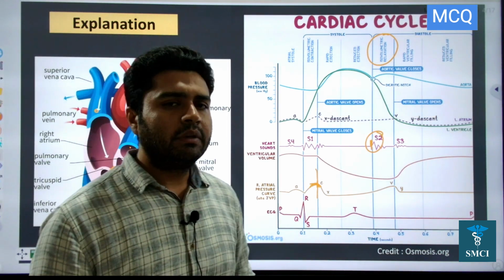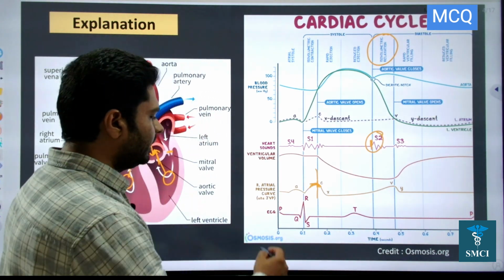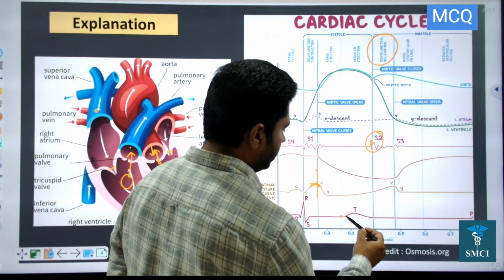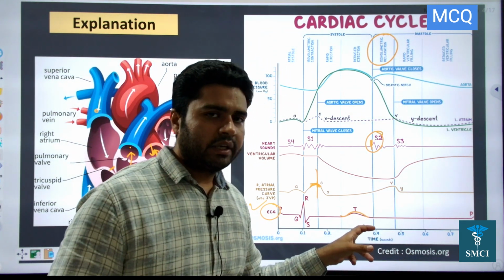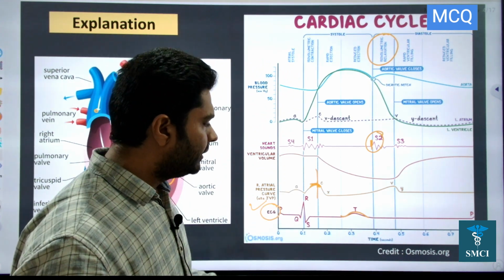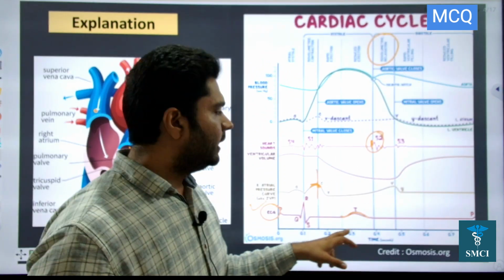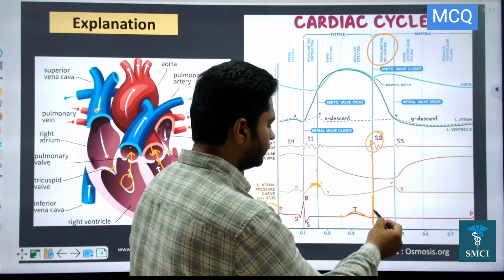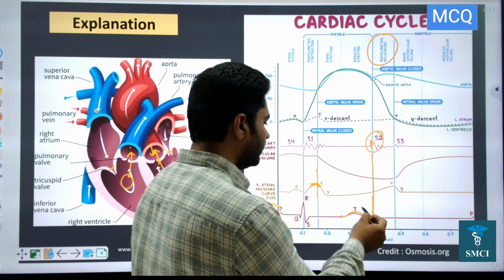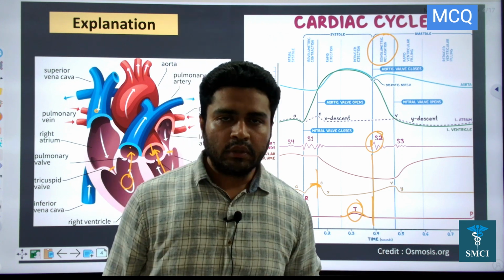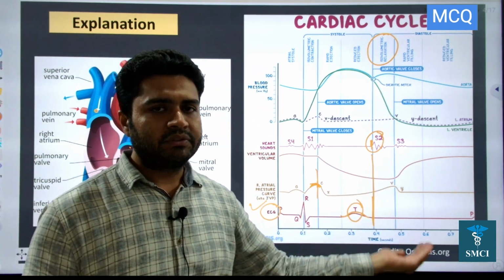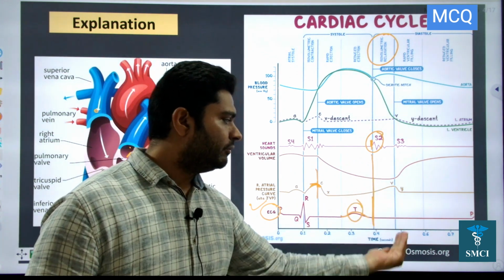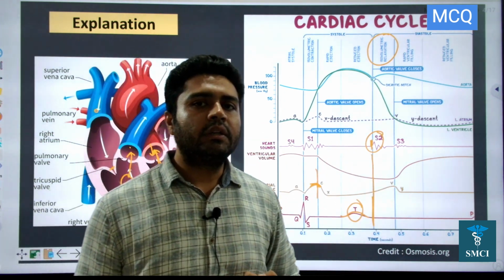And the beginning of the T wave: the T wave is part of the electrical activity of the heart, on the ECG. We always remember that electrical activity precedes mechanical activity. So the T wave appears just before ventricular relaxation, that is, before the isovolumetric relaxation.